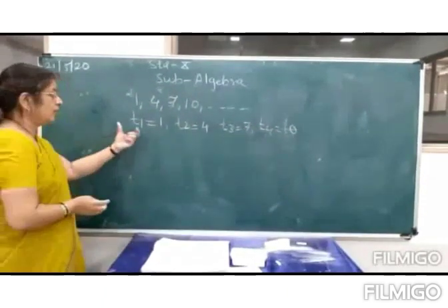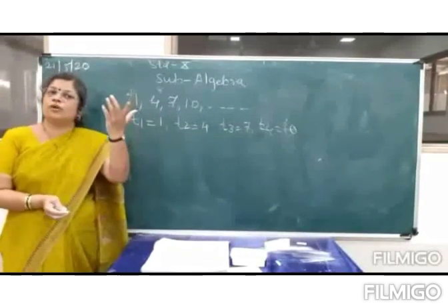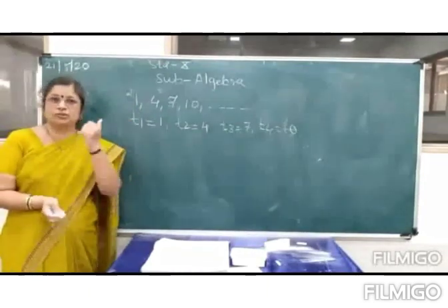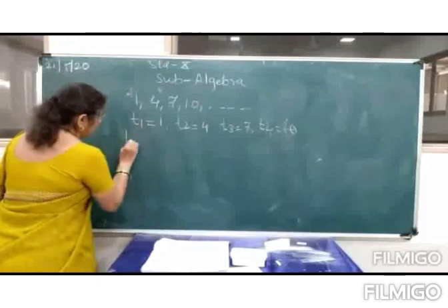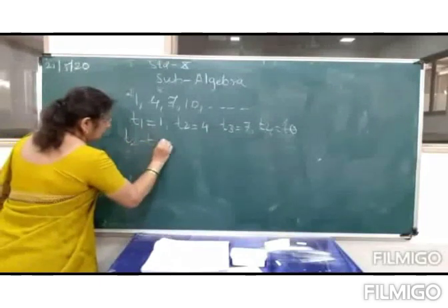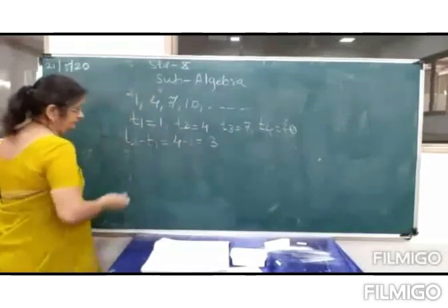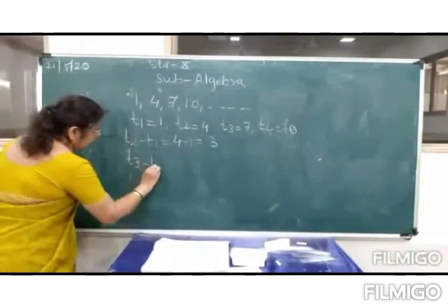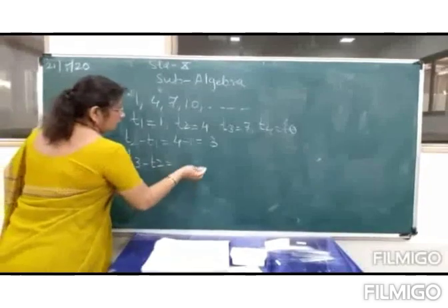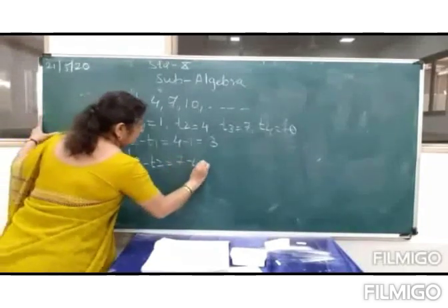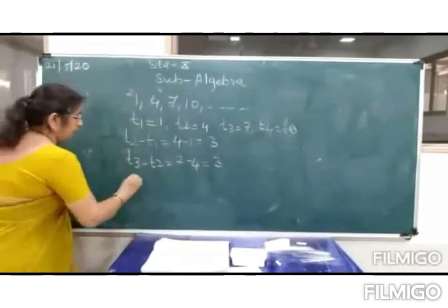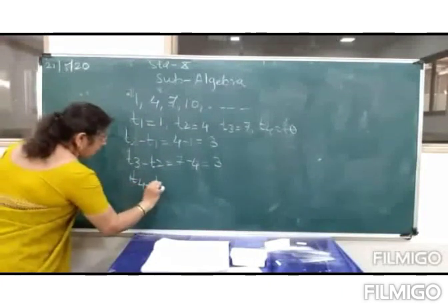Now we have to find the common difference between 2 consecutive terms. So, T2 minus T1: 4 minus 1, that is 3. Next is T3 minus T2: 7 minus 4, that is 3. Then, T4 minus T3.